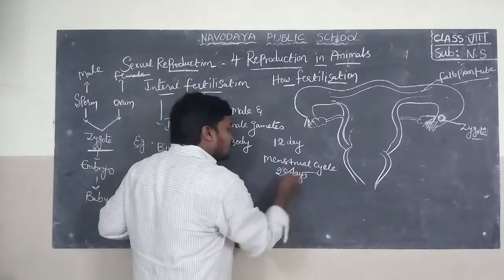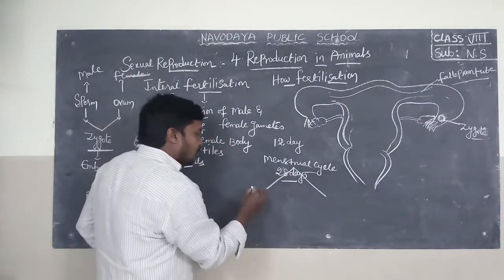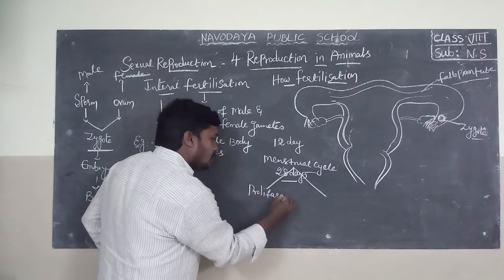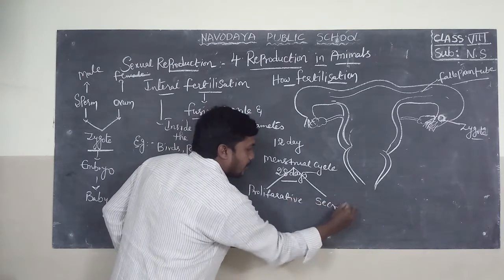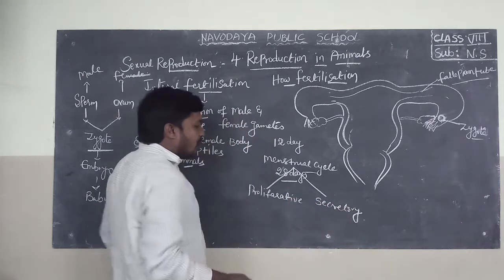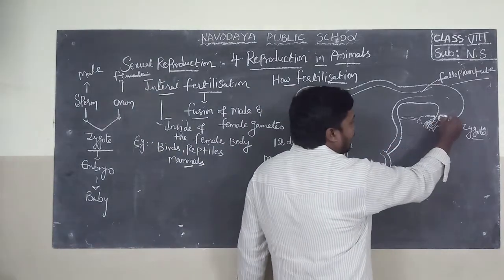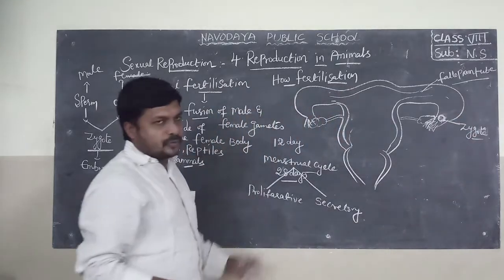Do you know the menstrual cycle can be categorized into two stages? For example, the first one is the proliferative phase and the second one is the secretory phase. In the proliferative phase, ovum will be released from ovary and zygote is also formed in the proliferative phase.